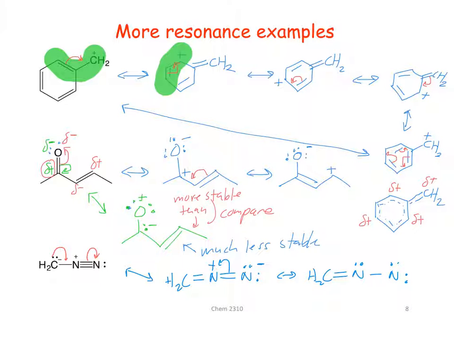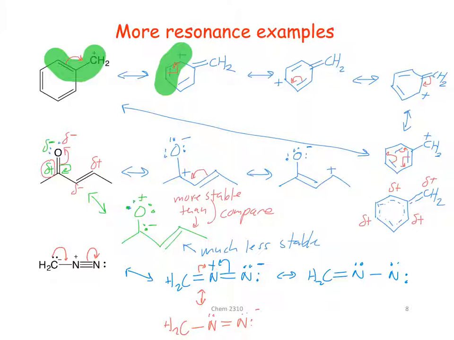How about if we did the same thing here? We moved these electrons over to here. Let's draw one more. H2C, single bond to nitrogen. There's the pair that came from that one. And now I have a double bond over here. Two non-bonding pairs. We still have a minus here.